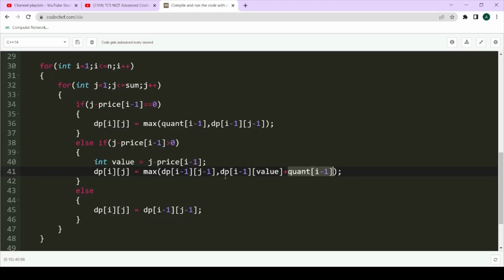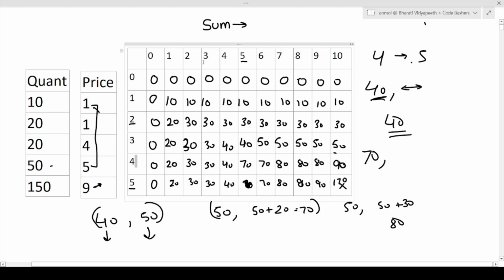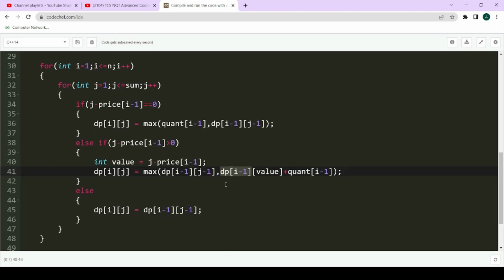It will be dp of i minus 1, j minus price of i. How did this 2 come? We had 5, 5 minus 3, that is 2. So 2 came from here and 4 items were available. So the value we take into account is dp of i minus 1 into j minus price of i minus 1. So I hope this condition is clear to you.